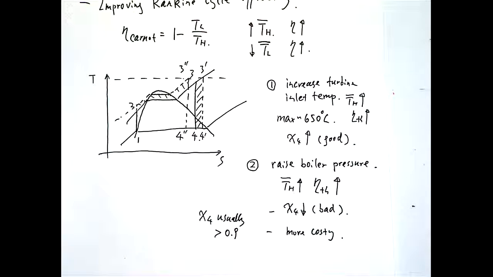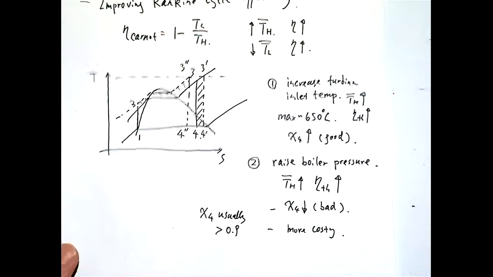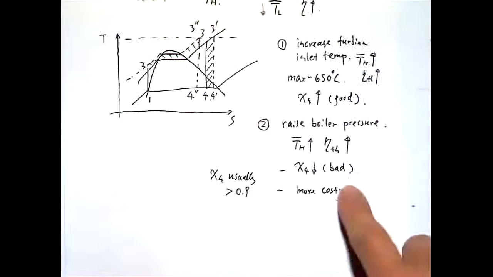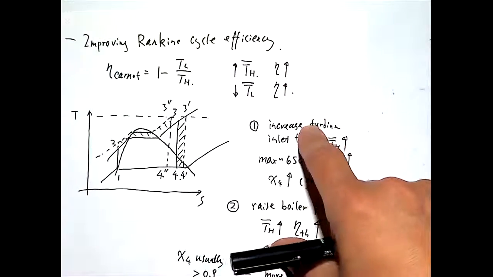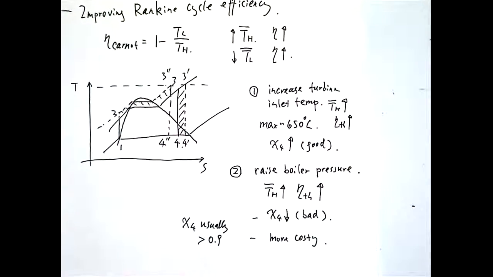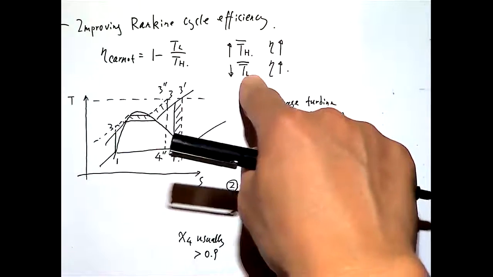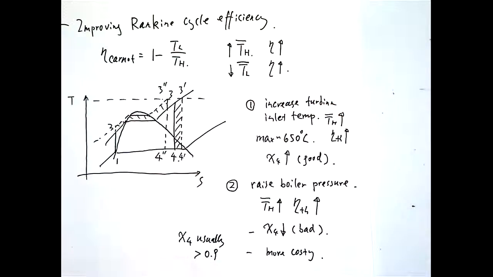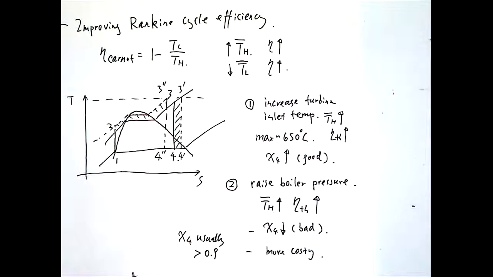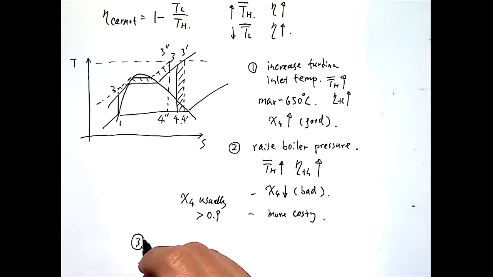Do not have more than 10% of liquid. All right, so that's two ways that we utilize the first principle. And another one is to reduce the average temperature during the heat rejection. So that's the third one.